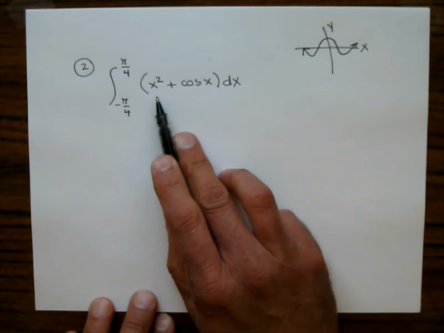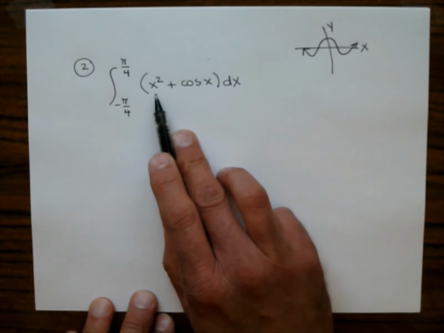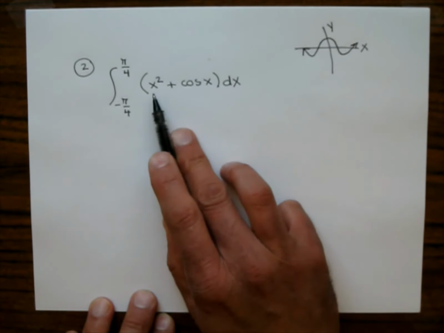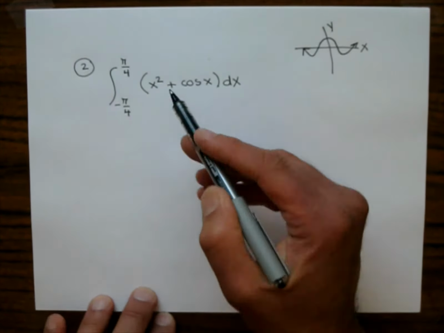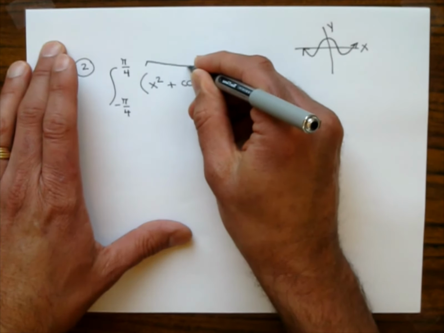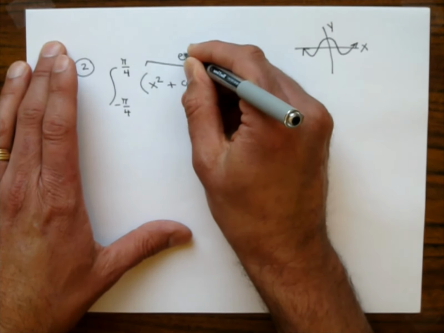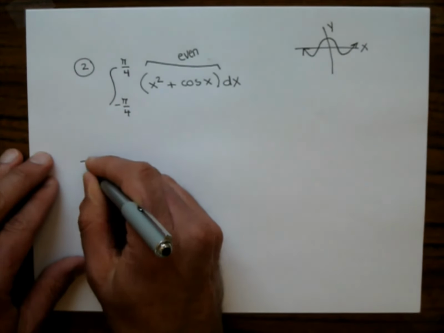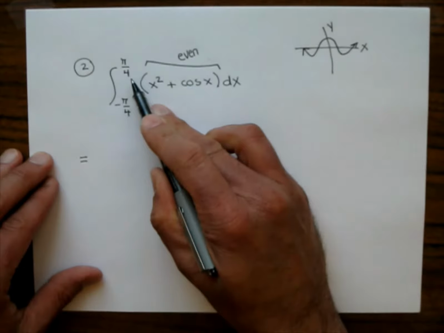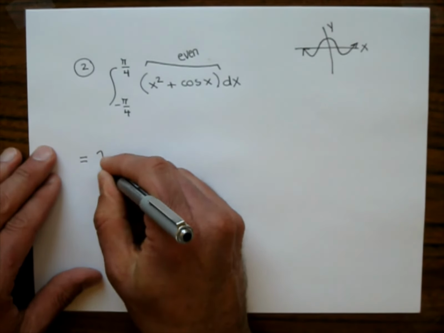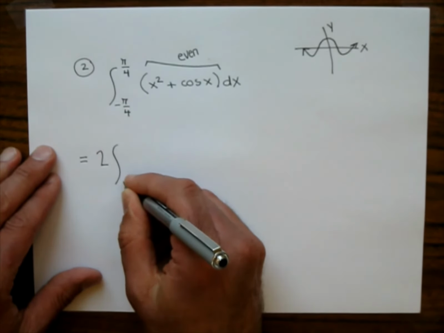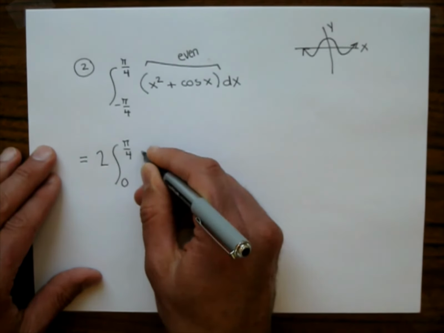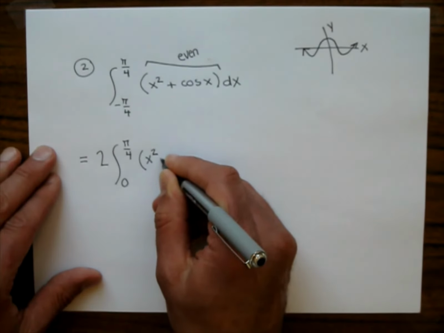We can go off to the side and label this whole thing f of x and plug a negative x into that function. You'll get the same thing here. So in any case, this right here is even. And so we're going to use the little shortcut, because we have opposites there, that we can go 2 times the integral from 0 to pi over 4 of, we'll keep the same integrand there.